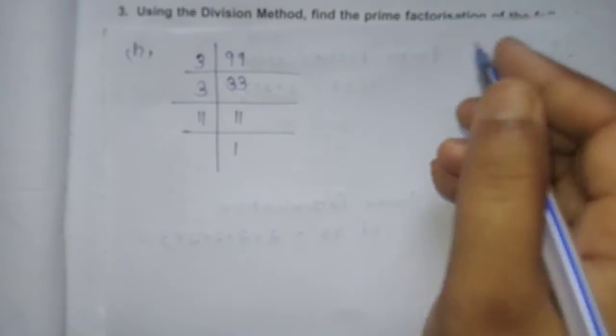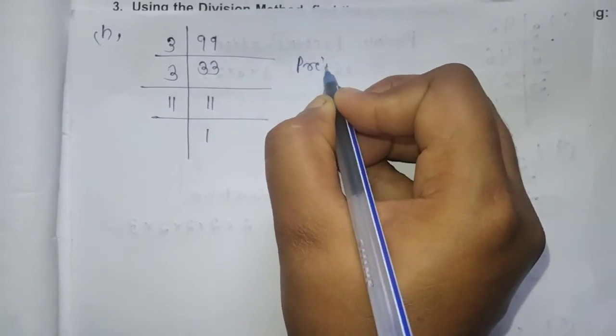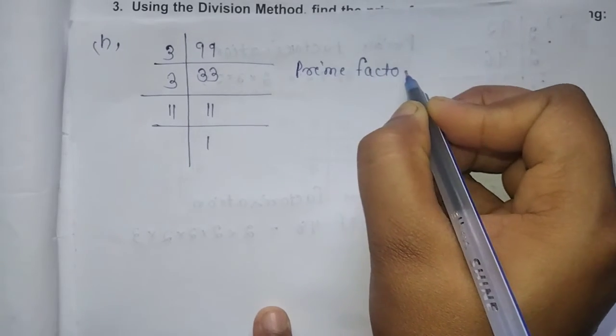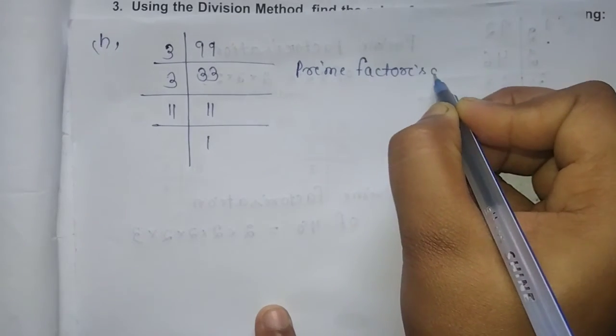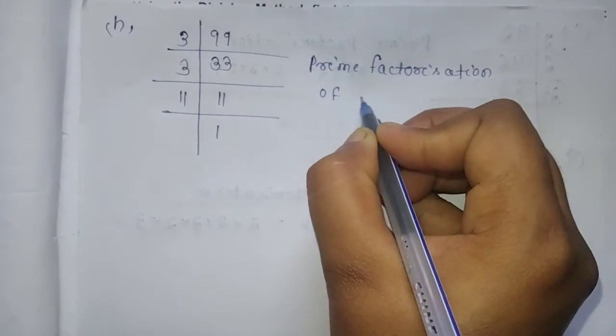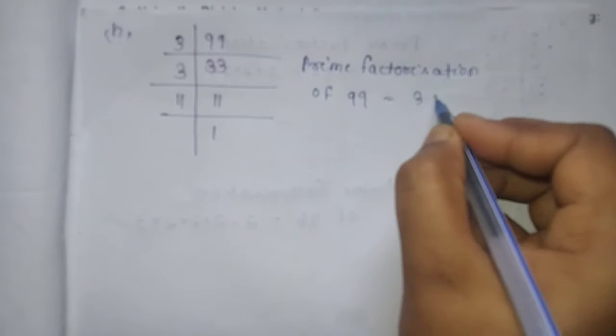We get 1. So prime factorization of 99 equals 3 into 3 into 11.